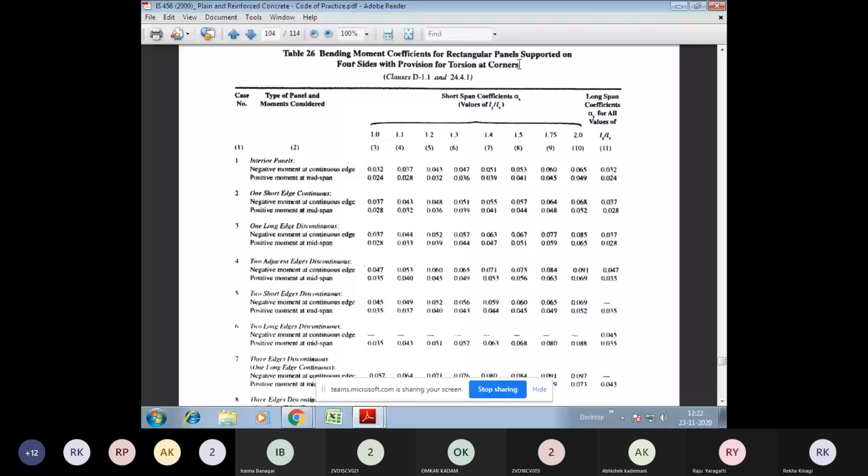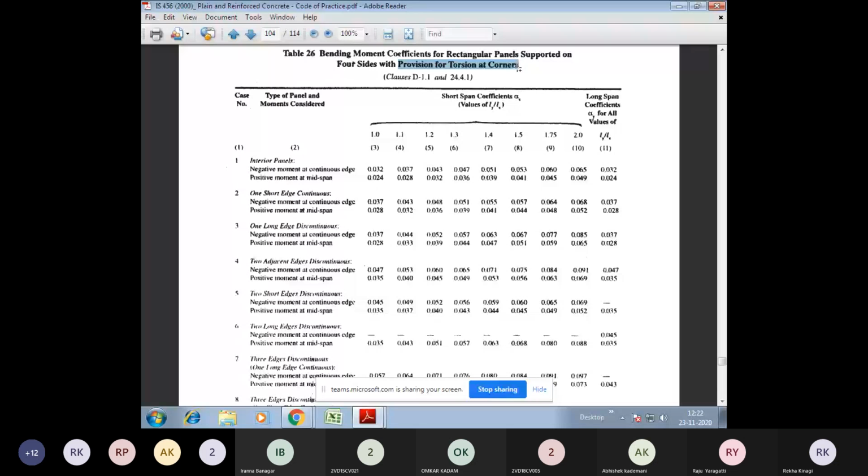If there is no provision of torsion at the corners, then we need to refer to table 27 of IS 456. So now we have decided that torsion reinforcement is to be provided and it is simply supported on the beam of 230 mm width. So out of this table 26, which case has to be considered out of the 9 cases? We need to consider one of these cases.